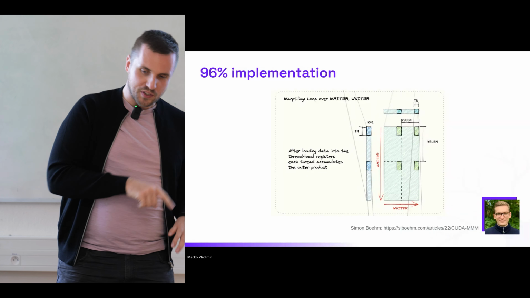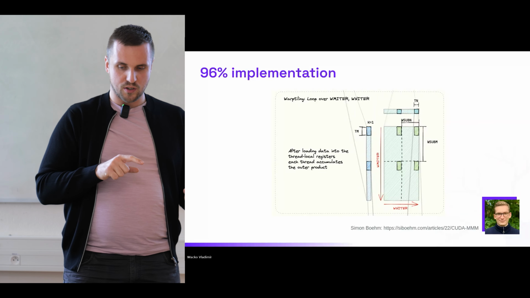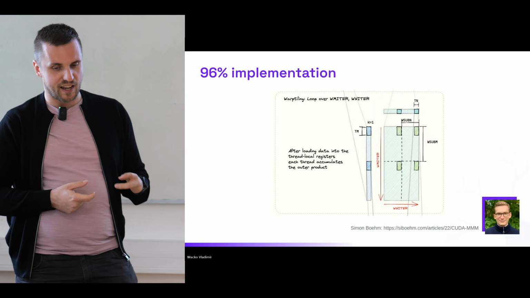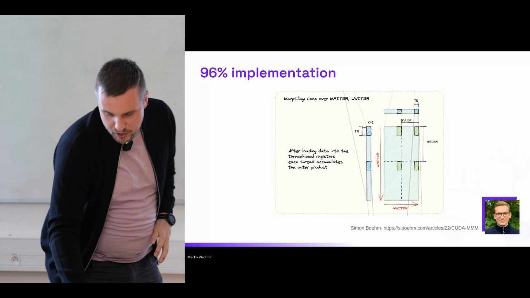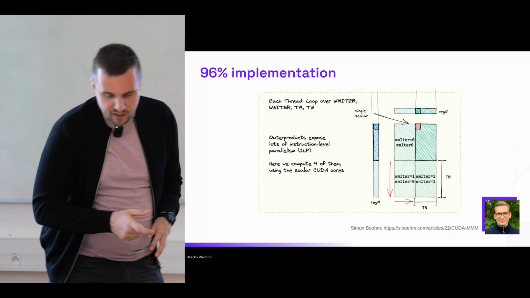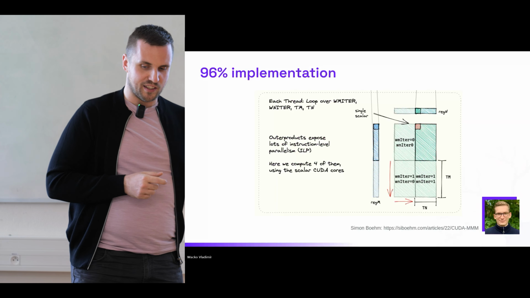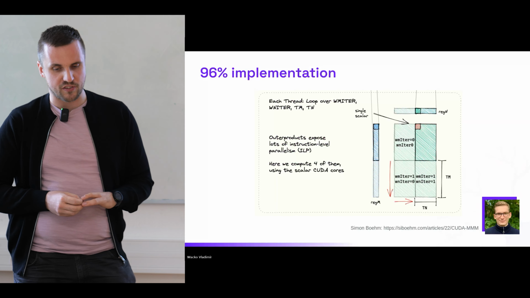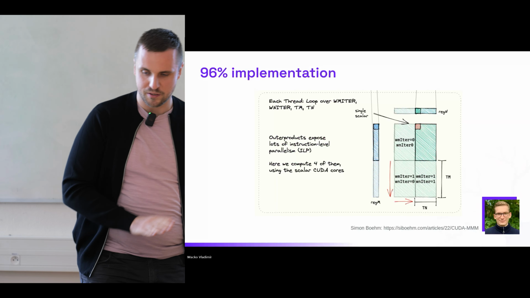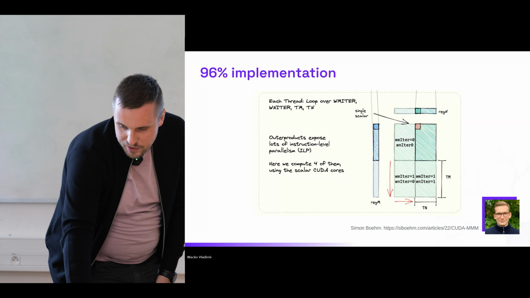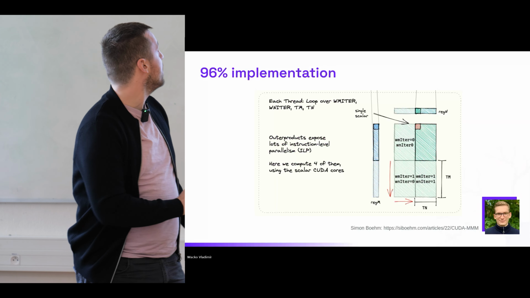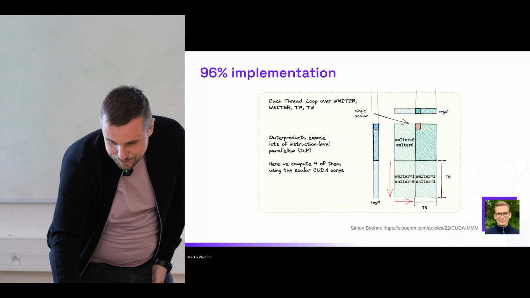Then each processor on the GPU needs to go through its own ordering of the elements to avoid some conflict in the memory. And finally, each of those processors in every read needs to use vector operations to make memory loading fast. Let's put it that way. And hooray, we have arrived at the 96% implementation.